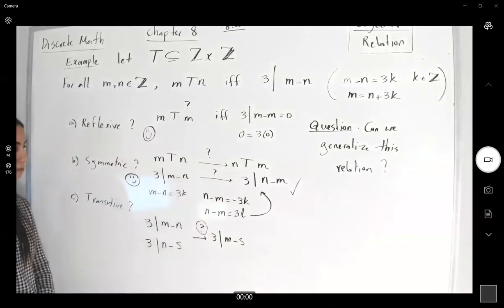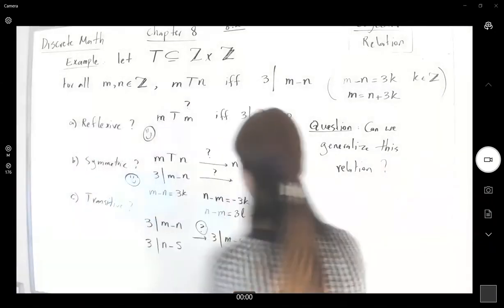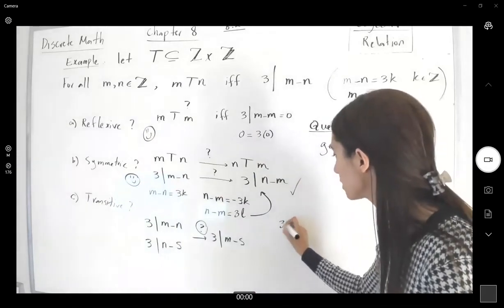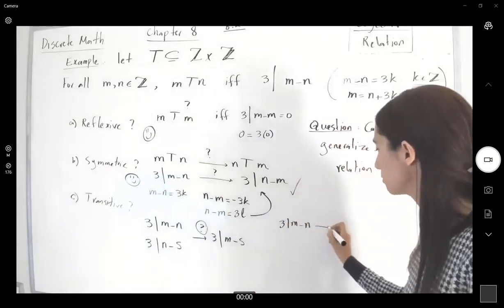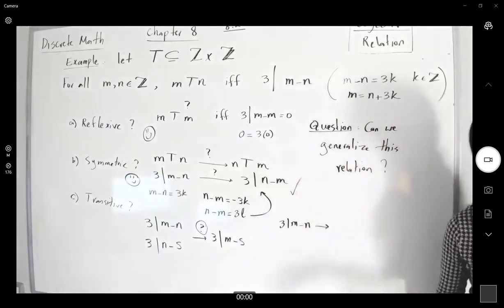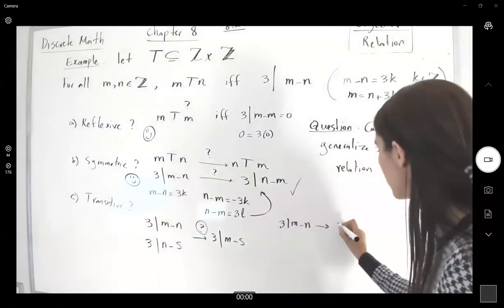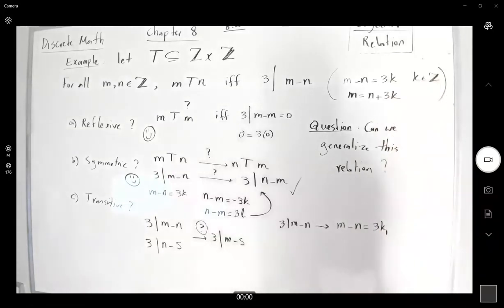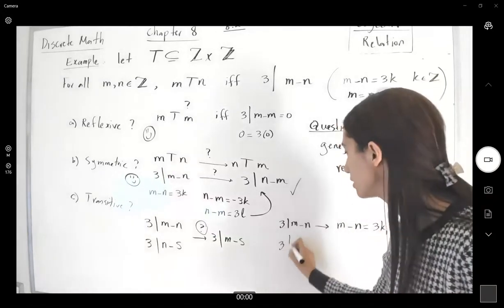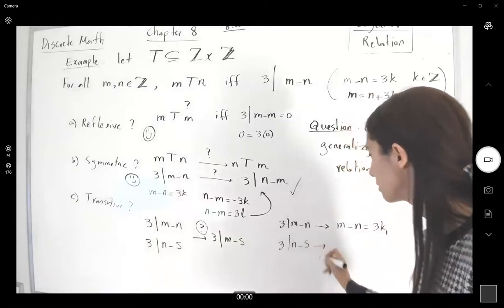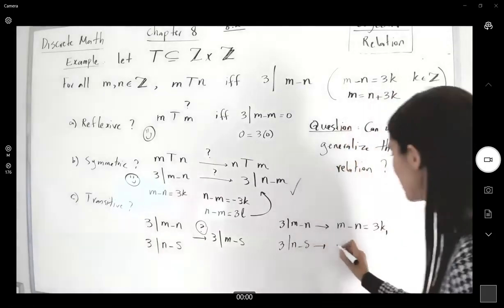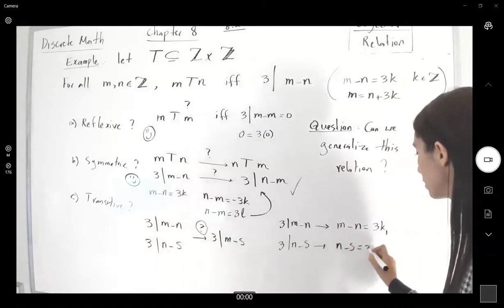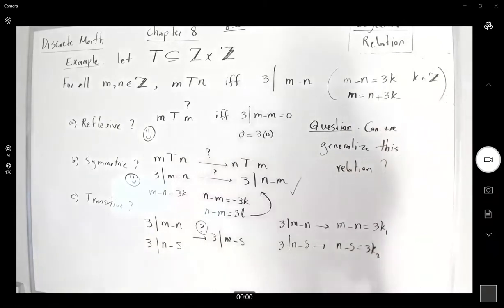Can we do that? Well, let us follow the definition. 3 divides M minus N. It means that there is an integer like k sub 1 such that M minus N is 3k sub 1. 3 divides N minus S. It means that N minus S is equal to 3k sub 2.